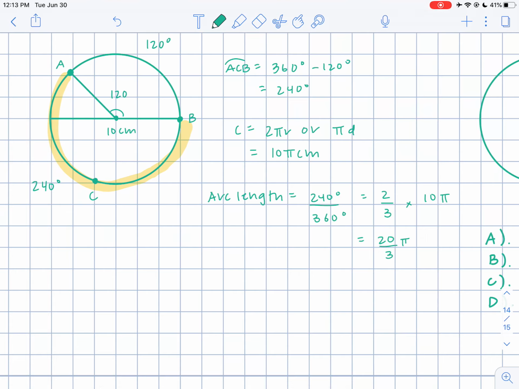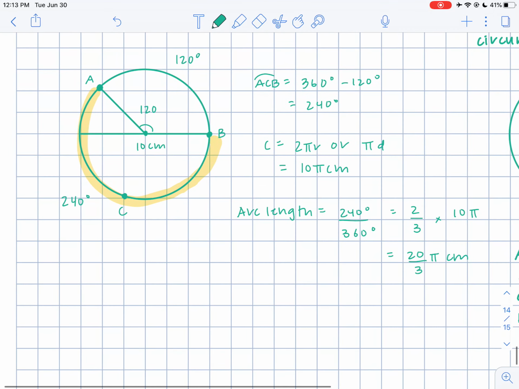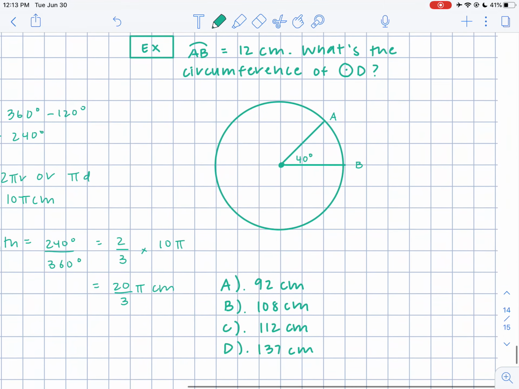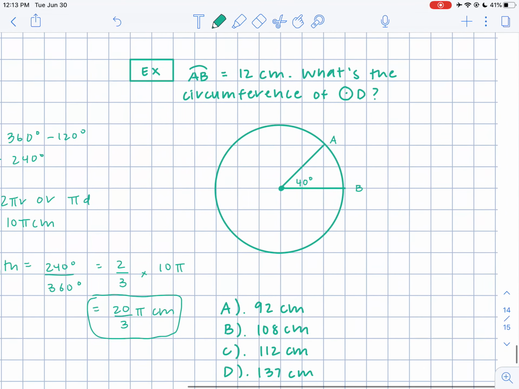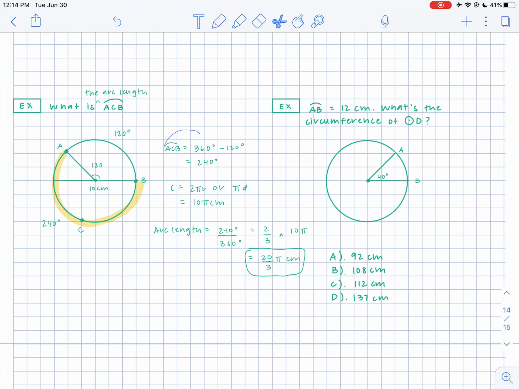So that would be 20 over 3 pi centimeters. And if you plug this into your calculator, you should get 20.94 centimeters. But I'm going to leave it as that so it looks somewhat clean. So this would be your answer. That is the measure, or the arc length of ACB.